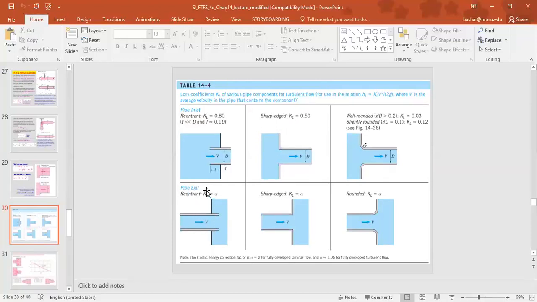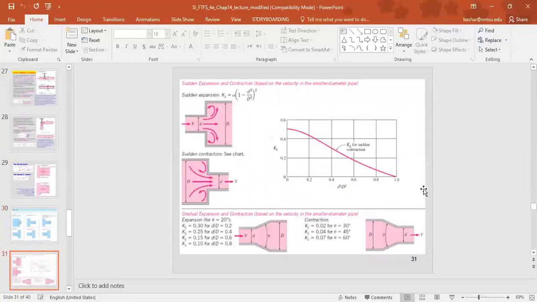For the pipe exit, it equals the kinetic energy correction coefficient that we introduced back in chapter 12. Sharp-edged or rounded, it's the same.